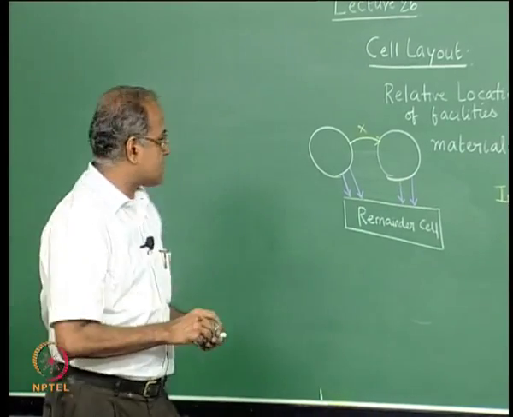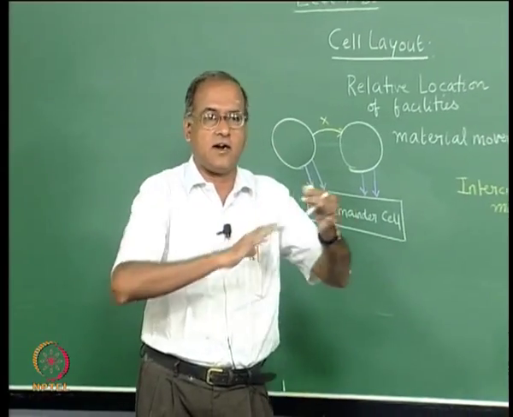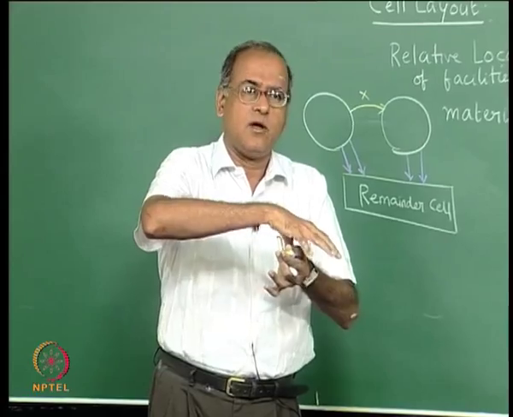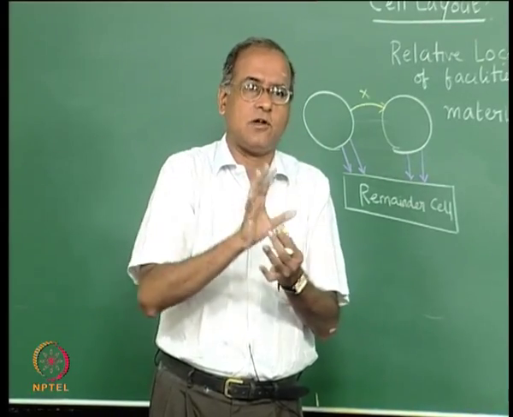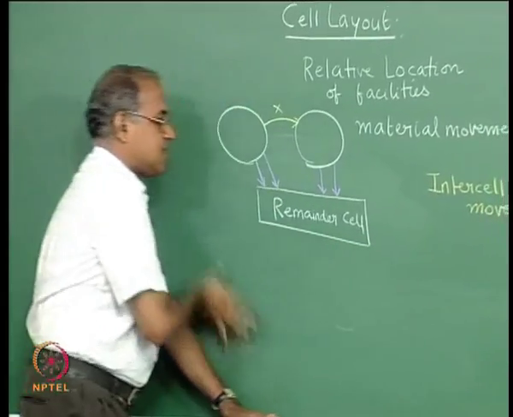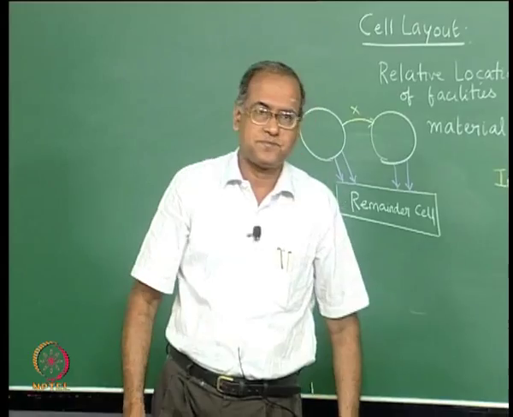So, in the context of remainder cells, one could think in terms of a lot of material movement and where do we place the service cell. Most of the times a simple solution is to place the service cell in the middle and keep the rest of the cells around it, so that the material movement can be handled.